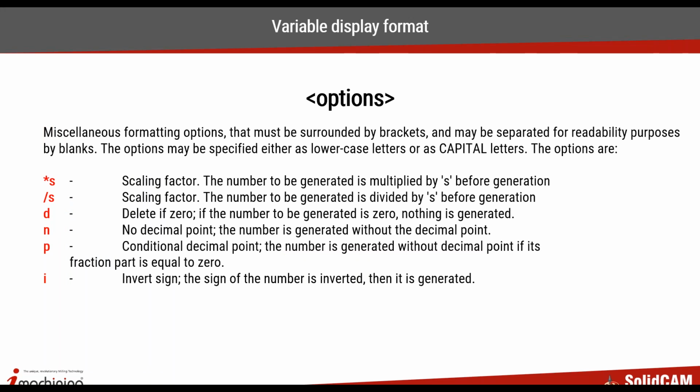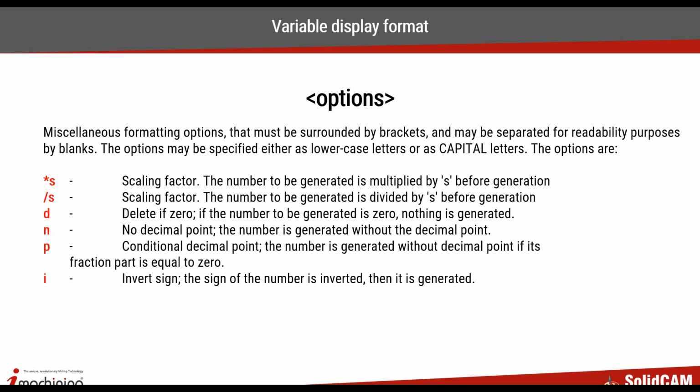The next option is the letter D. D deletes if 0. So if the value of the variable is 0, it will not be printed. This is something similar to the modality, but not quite.